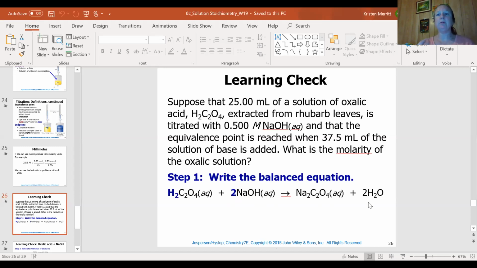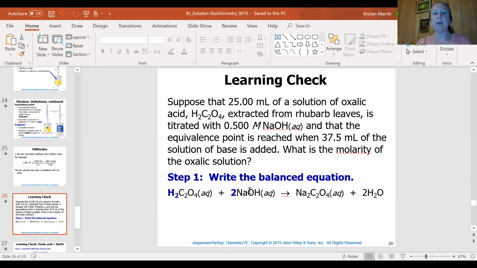So in a neutralization reaction, you get water as a product when you have a non-water acid and a non-water base. Do you see that? This is oxalic acid and sodium hydroxide. It's the hydroxide part that's the base. The sodium is just there to pair it, to balance out the negative charge.